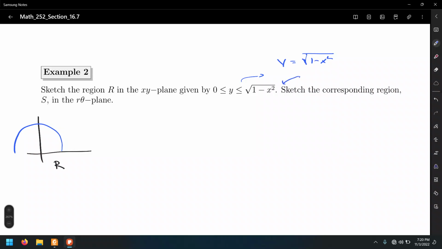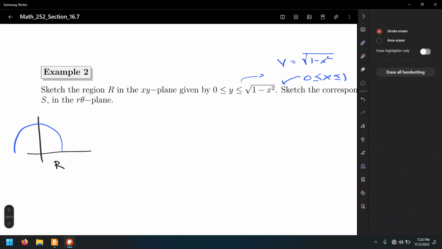I needed to mention that x is varying between 0 and 1. So that's the circular region in R. However, careful, because this upper semicircle is telling us that x is varying between -1 and 1, but the condition here is that it's only varying between 0 and 1.